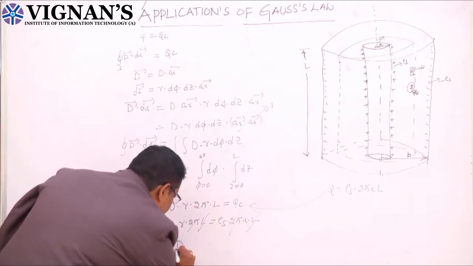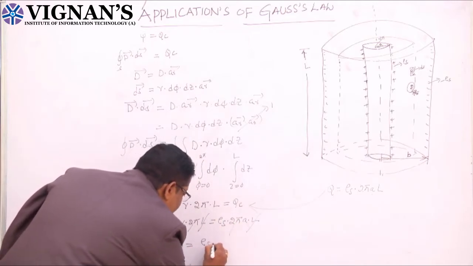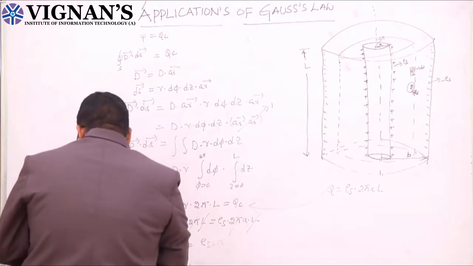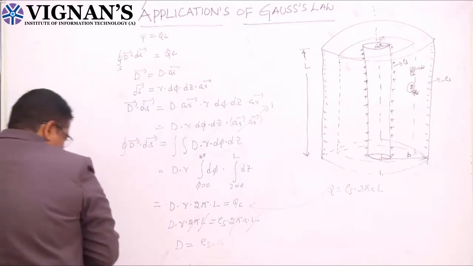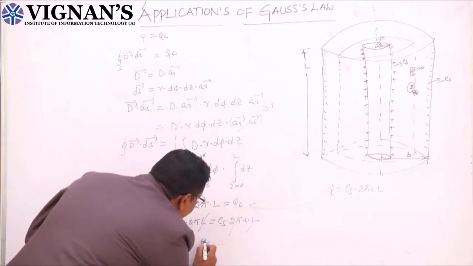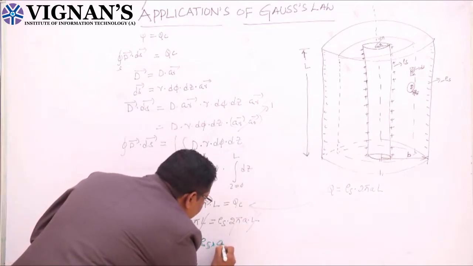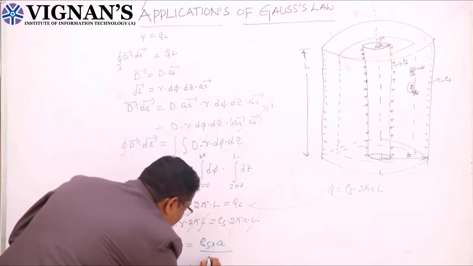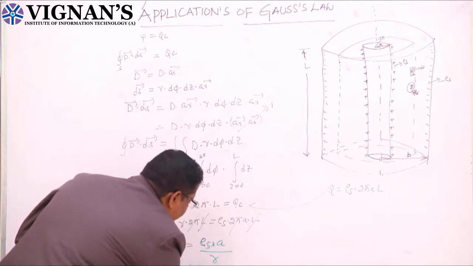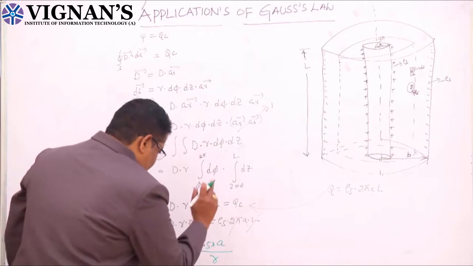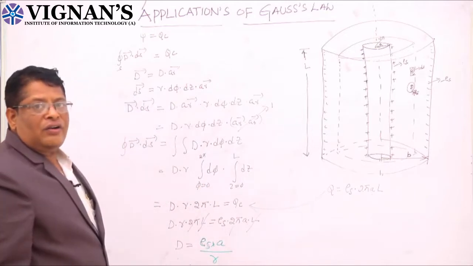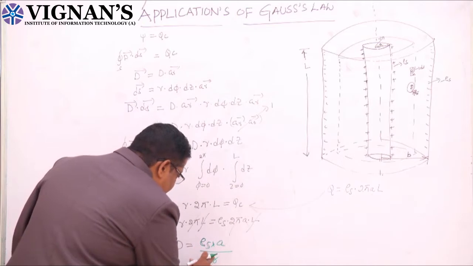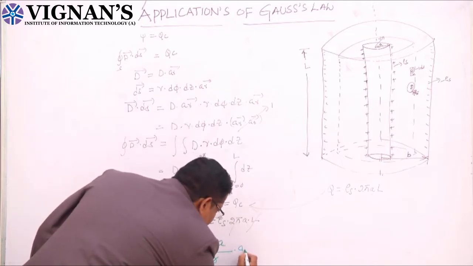Now D equals rho s into A divided by R. For this one, we have to add the direction: D equals rho s into A by R into a_R bar.